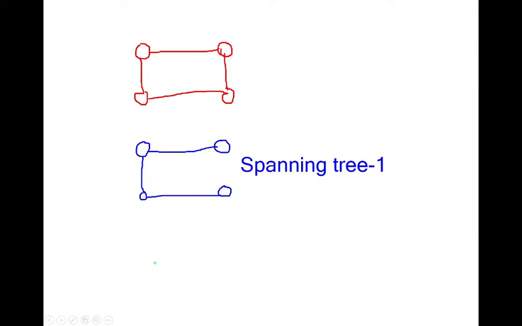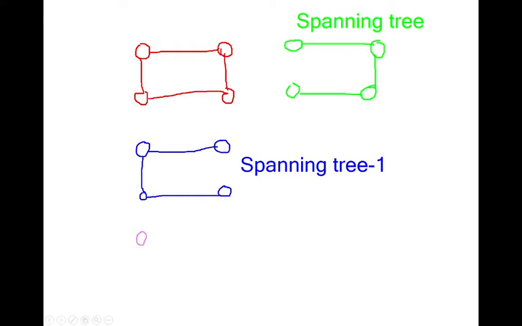Let me try to make another spanning tree from this graph. Now if you see here, this is another spanning tree. Let me try to draw another spanning tree here.